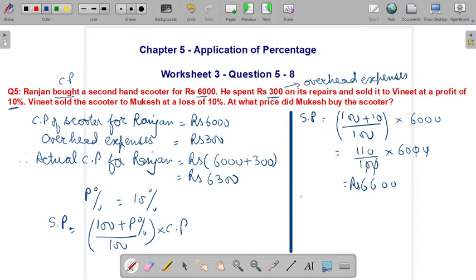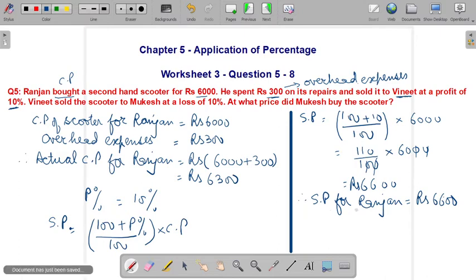So this is the selling price of the scooter for Ranjan. So this is rupees 6,600. But who purchased it from Ranjan? Vineet purchased it from Ranjan. So the selling price for Ranjan is rupees 6,600.